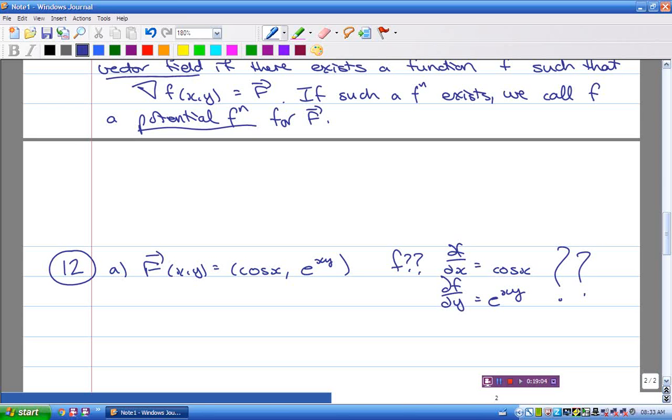So if the y derivative has an e to the xy in it, it must mean the original little f had an e to the xy in it, which means the x derivative would also have had an e to the xy in it, and it doesn't. So there is no little f that could make these derivatives happen. F is not conservative. So you can do it by inspection.